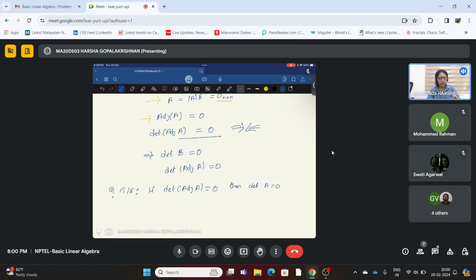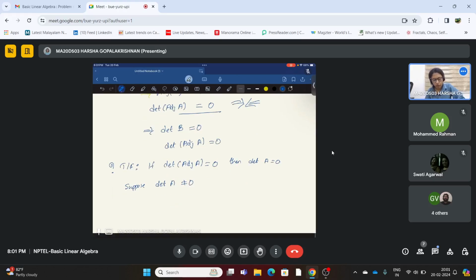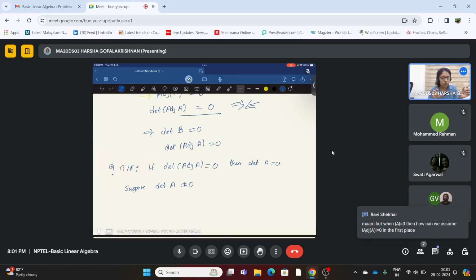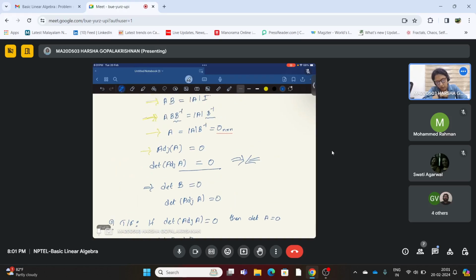The same way we can do. Suppose determinant is not equal to 0. That means determinant of A equal to 0.